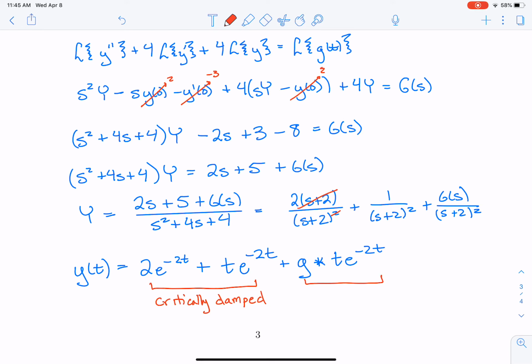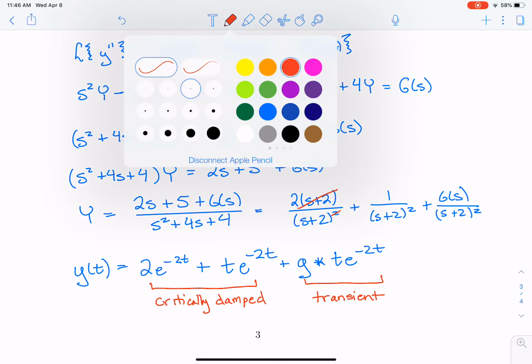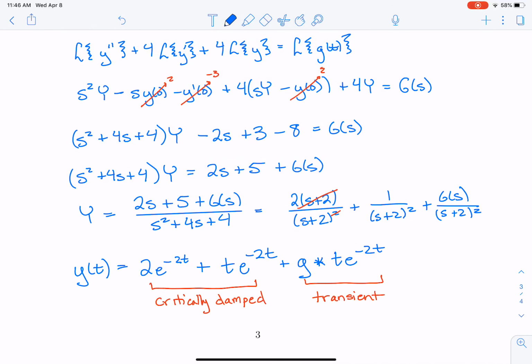Something that I might call the transient, since the critically damped part is the steady state. And so now if I put in any forcing function g of t, then I can get the solution by computing that convolution. Sometimes that convolution integral will be easy to do. Sometimes it'll be more difficult to do.